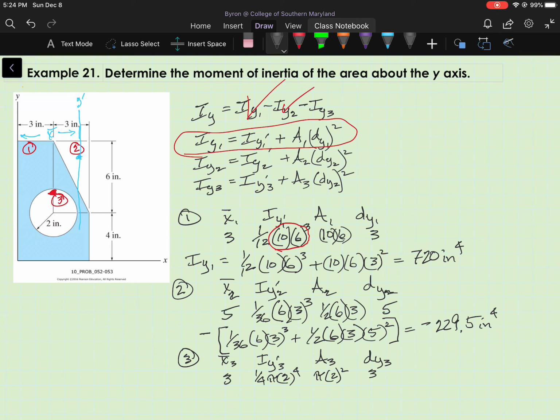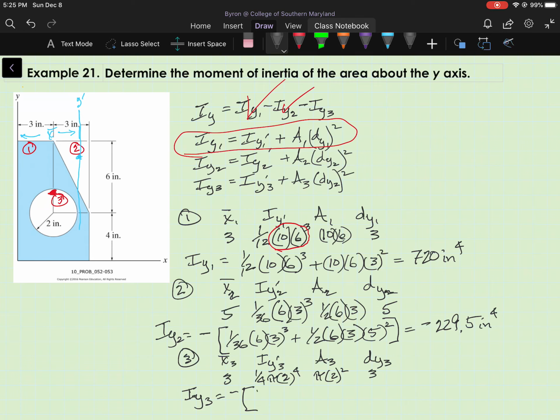So we plug that in, or we write our parallel axis equation for I sub y3, and I forgot to write it for I sub y2. Do that. And again, this is going to be a negative moment of inertia, subtracting it out.